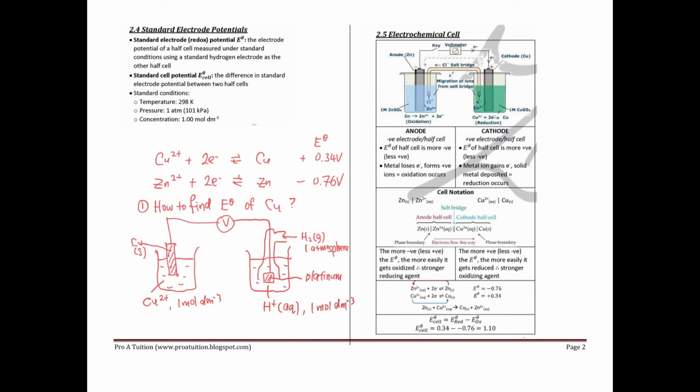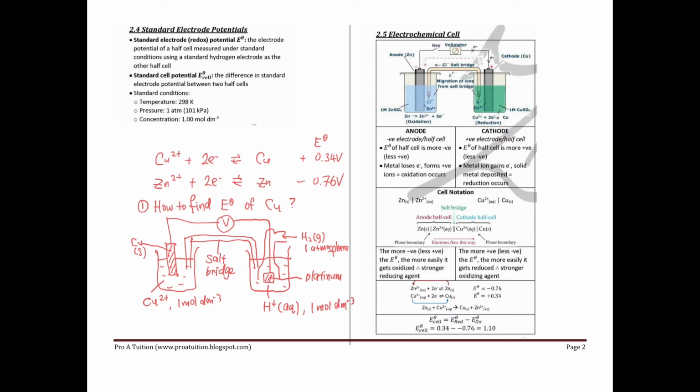And don't forget, we have to use a salt bridge also, to connect both sides. What is the function of the salt bridge? We will discuss later. I just tell you how we do the measurement first. We label this the salt bridge.